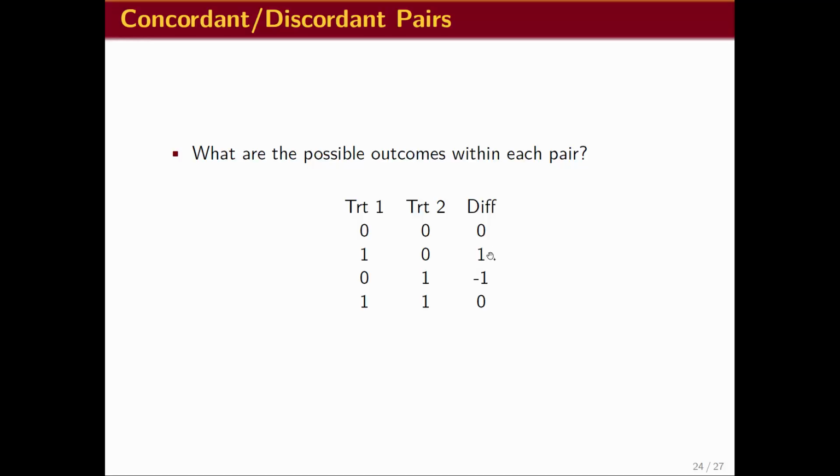And each of those implies a difference in outcome between the treatments. There was either no difference in outcome if both survived or both died, right? Or if you died under treatment 1 and didn't die under treatment 2, that's a win for treatment 2. If you didn't die under treatment 1, but you did die under treatment 2, that's a win for treatment 1, okay?